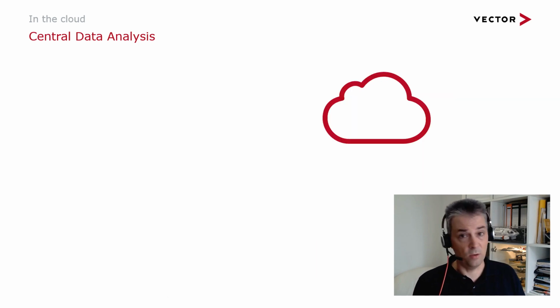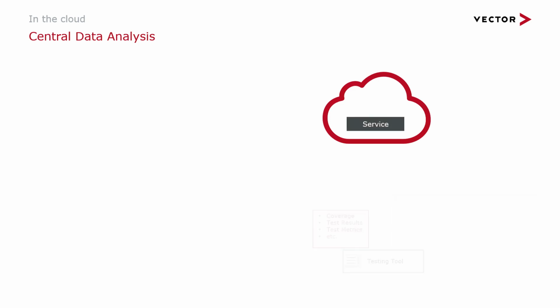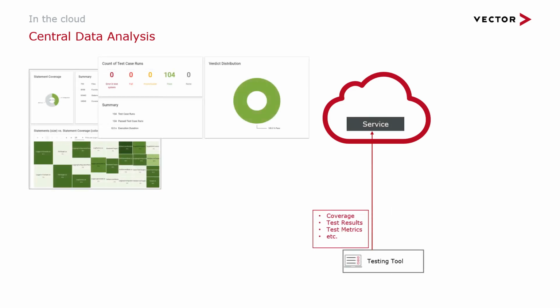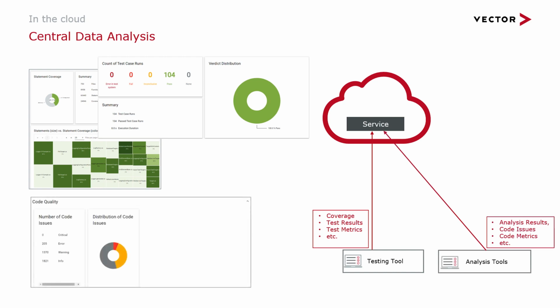How can this work? We have the service running in the cloud and we have our tools, for example, the testing tool, and this tool pushes the information to the service in the cloud. Then the service itself generates visualizations, shows me the metrics, and so on. We can also include other information like results from analysis tools.